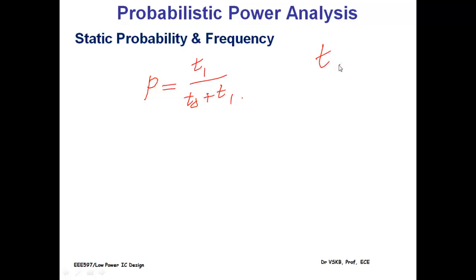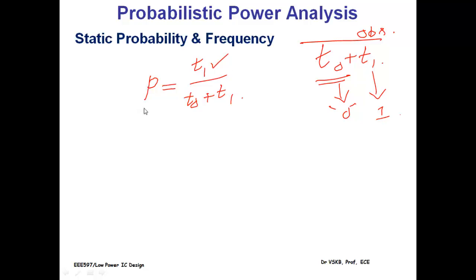Naturally, the total time t is going to be t0 plus t1, that is when the logic is at a 0 level and at a 1 level, the total time is the observation time, and out of this observation time how much is at the 1 state.